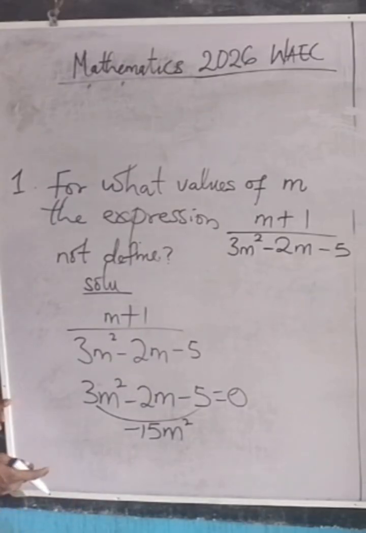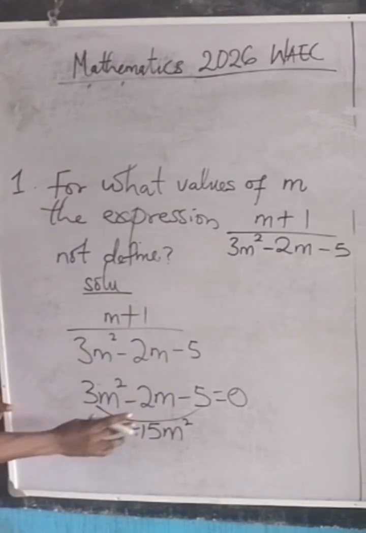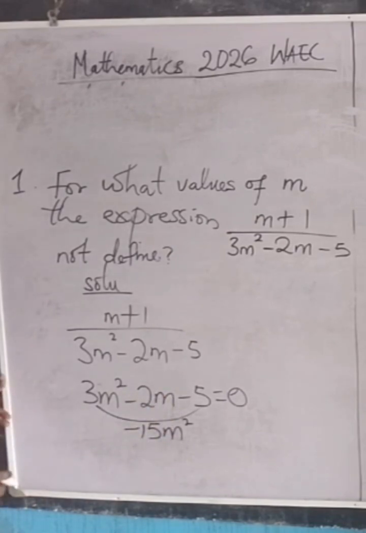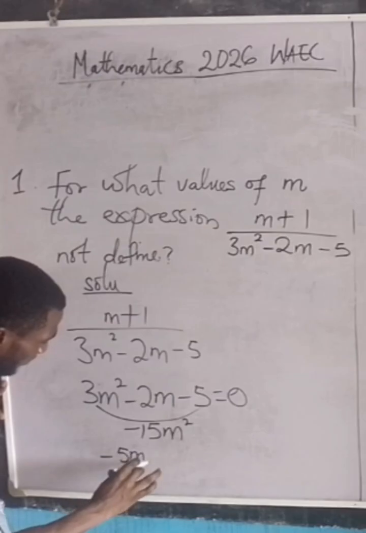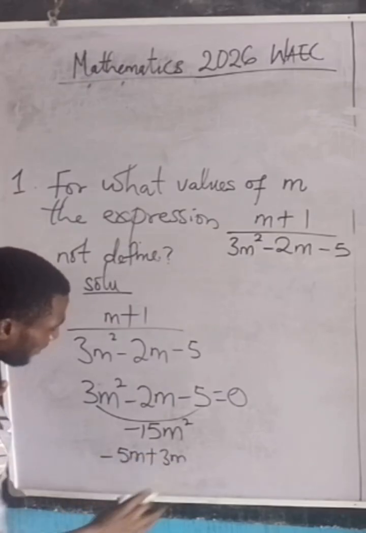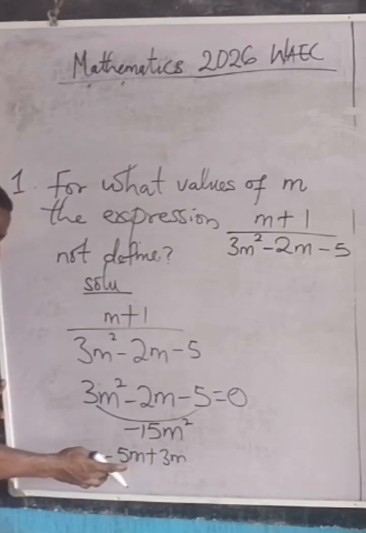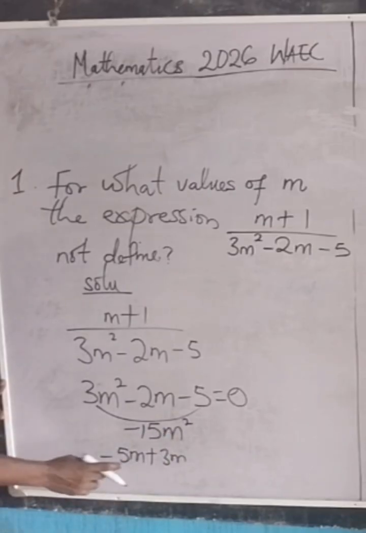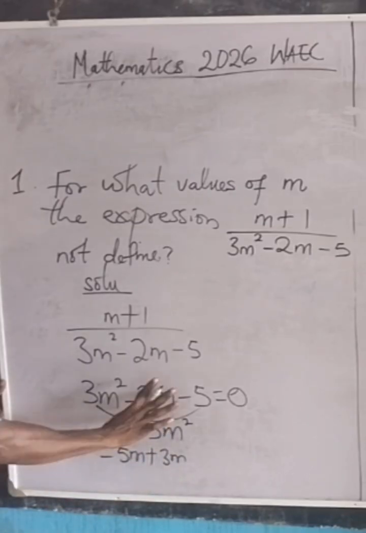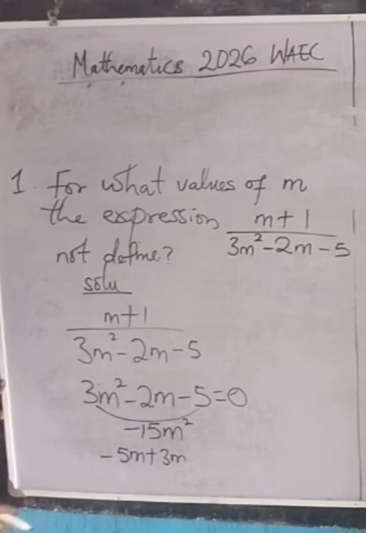Okay, so the two factors of minus 15m² that, when you add or subtract, will give you minus 2m, are minus 5m and plus 3m. When you multiply these two together, it will give you minus 15m², and when you add them, it will give you minus 2m.